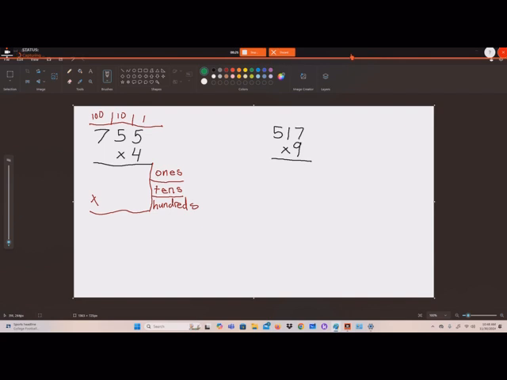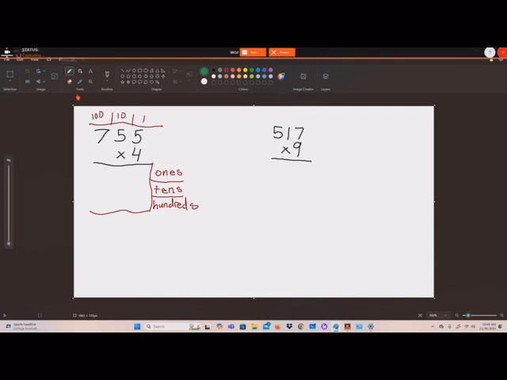So here we go. When you do partial products, that's what we're working with in this video. The reason why you do partial products is that you get a better understanding of the values of the numbers that you're working with. When you do just a regular algorithm, it's just a pattern.